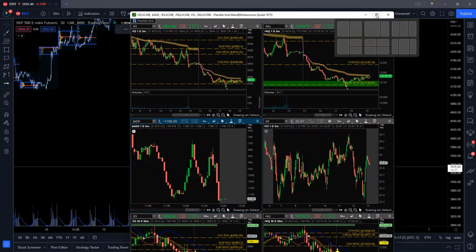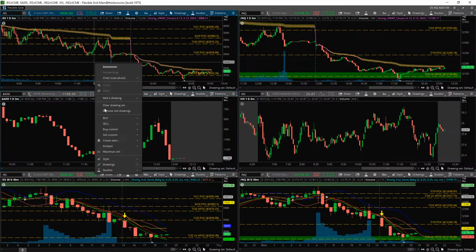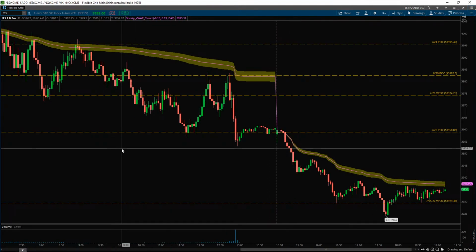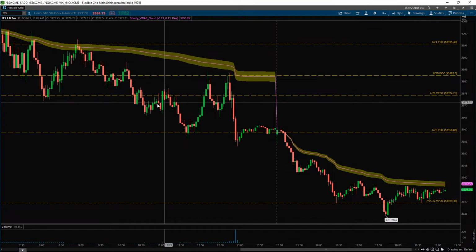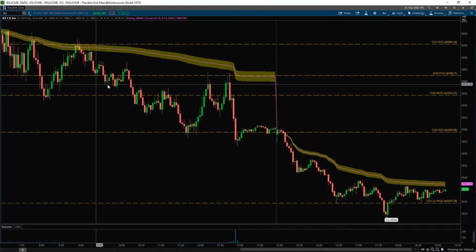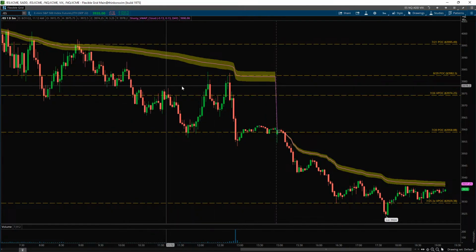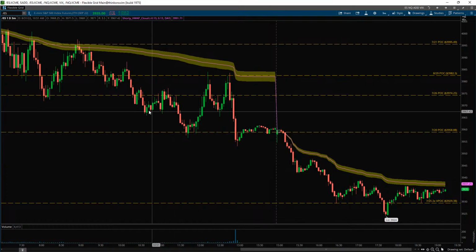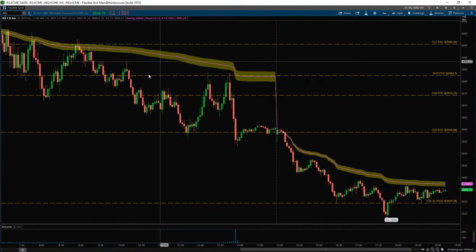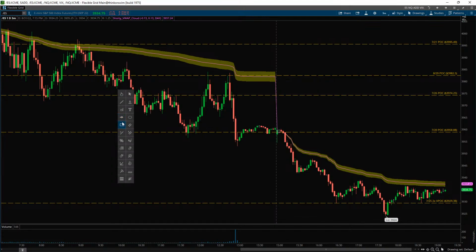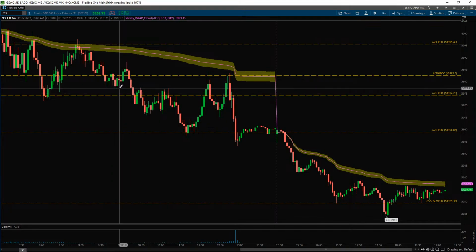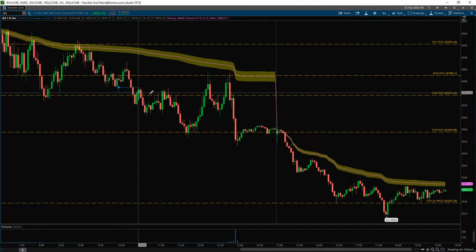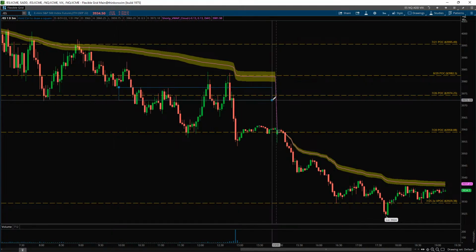I haven't really gotten into it, but all of these you want to draw a box around. We will cover this in a second. I'm just guessing here, you do this based on the volume profile.